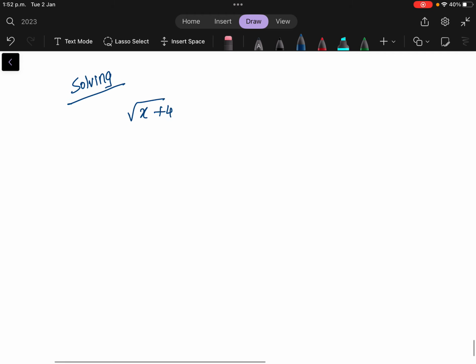Suppose you have root of x plus 4 minus 2 is equal to x. How will you do it? What you should do at this time is keep only the root on one side. So in this case, root of x plus 4 is equal to x plus 2. And then I will square both sides.